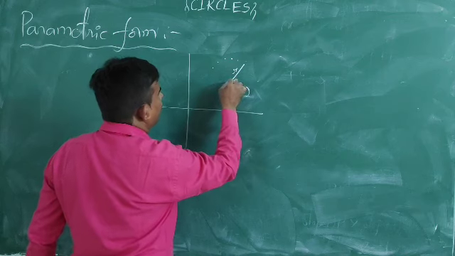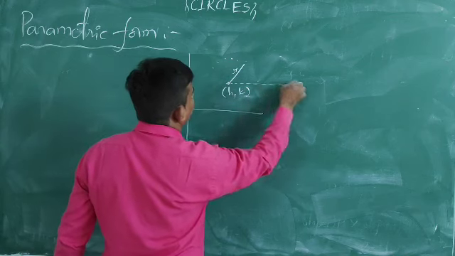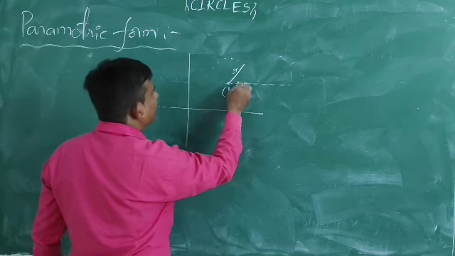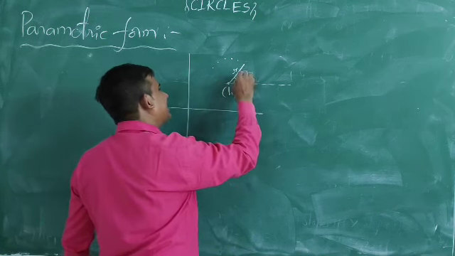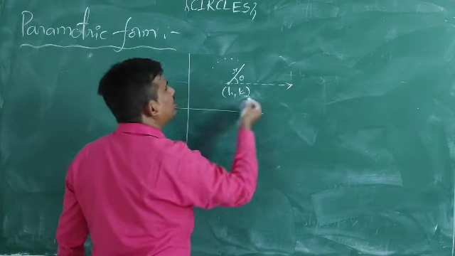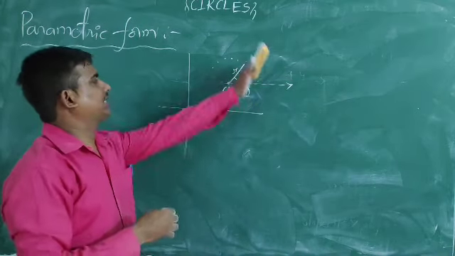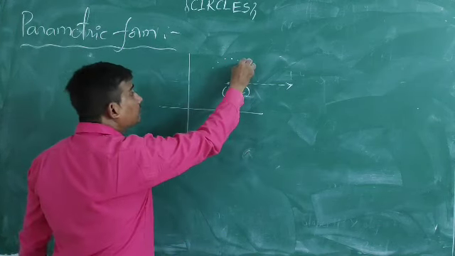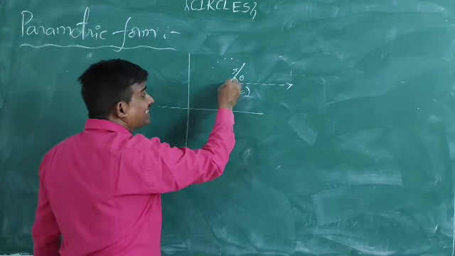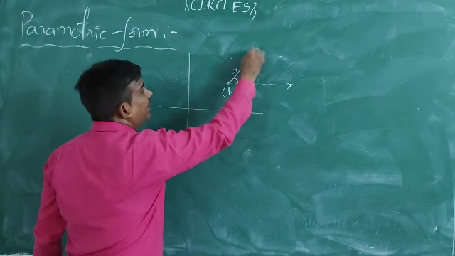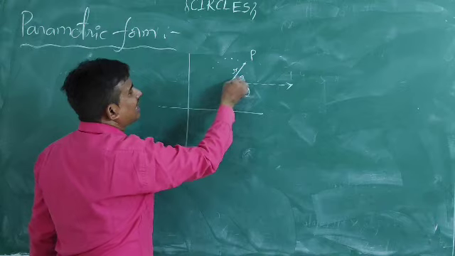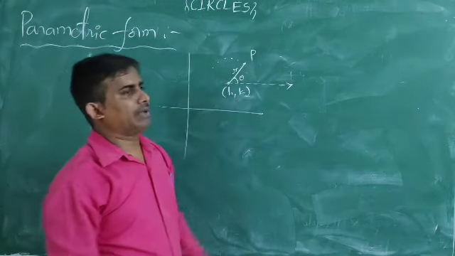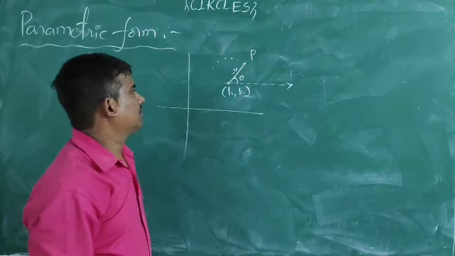If you draw a horizontal line here, the line joining the center C with the point P makes an angle theta with the positive x-axis, in the anti-clockwise sense, parallel to the positive horizontal direction.